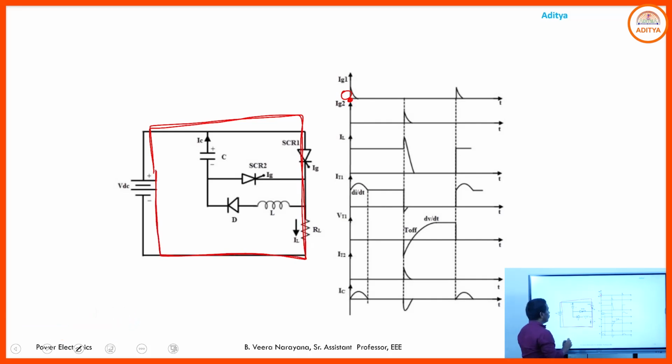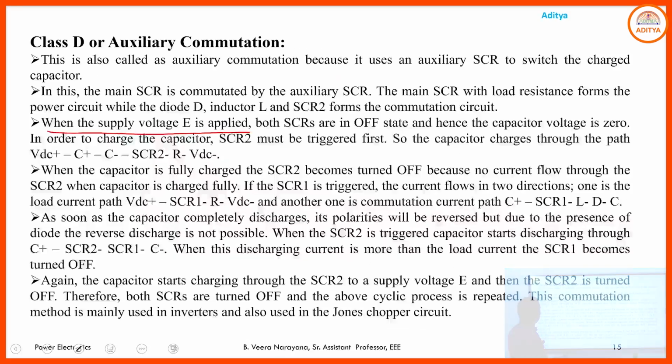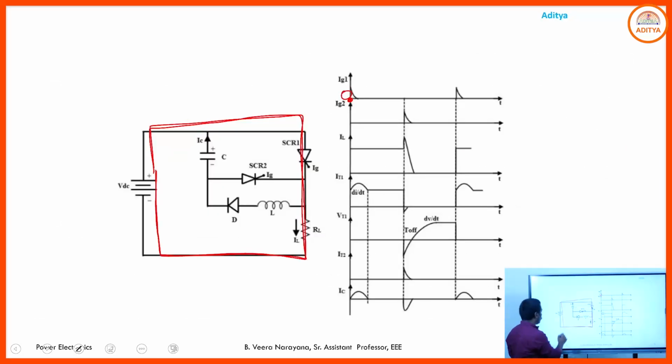And here the capacitor will be charged through the path VDC plus, C, SCR2 and VDC minus.